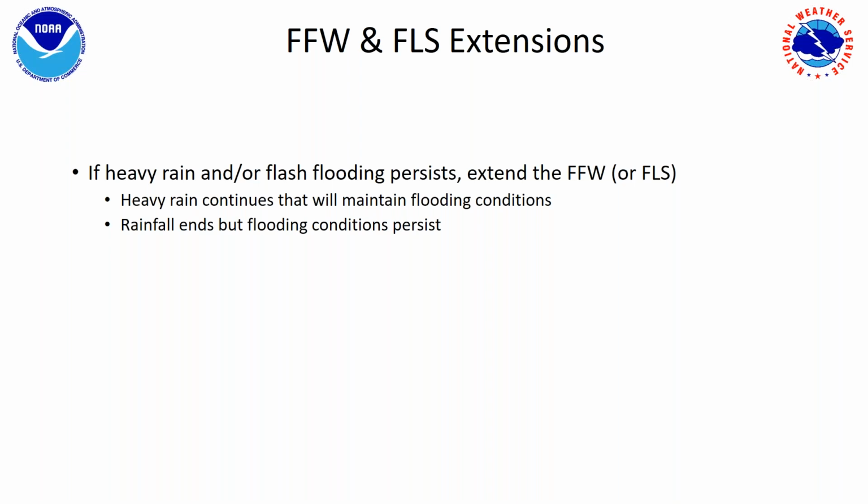What that can do is prevent people, let's say in another portion of the island where it's not raining, from saying, oh, the event's done, I'll go drive over to another part of the island for whatever reason, but the road at a different part of the island might still be flooded and closed. So if the impacts are still there, you can definitely extend the product.